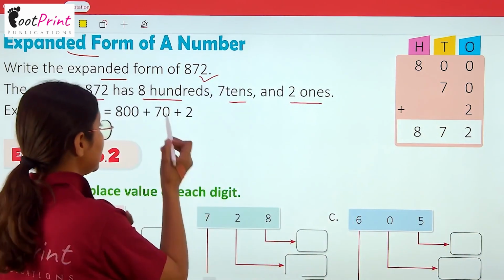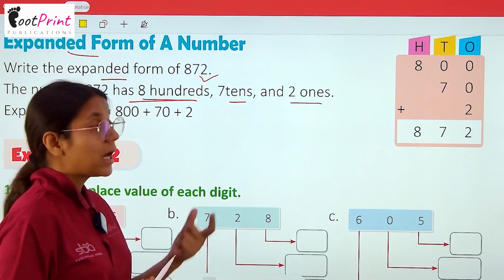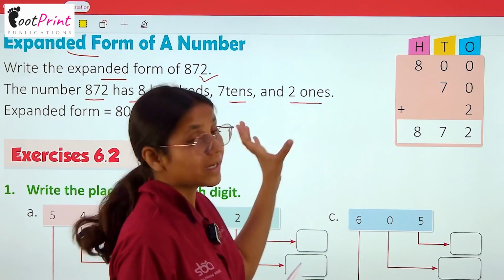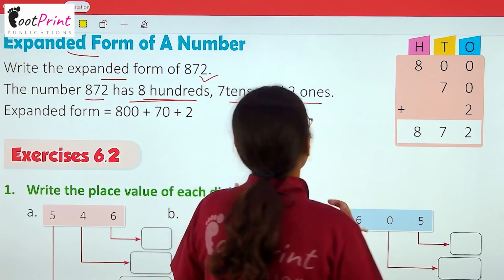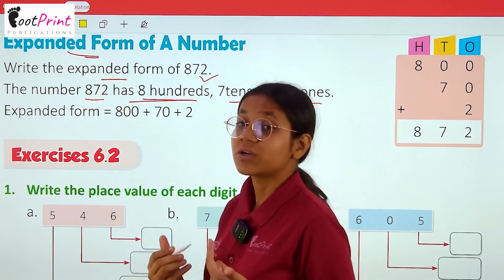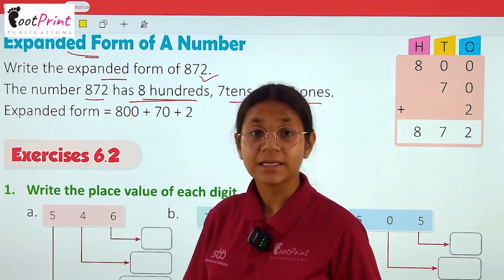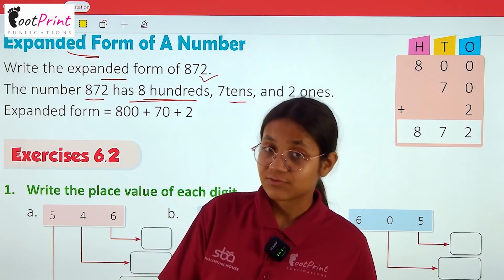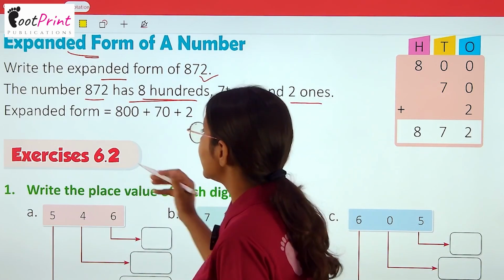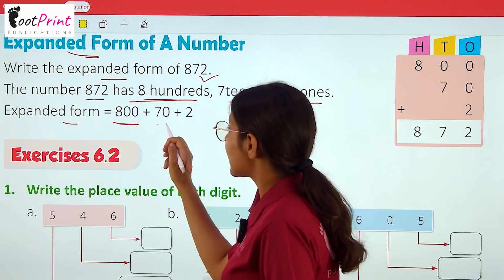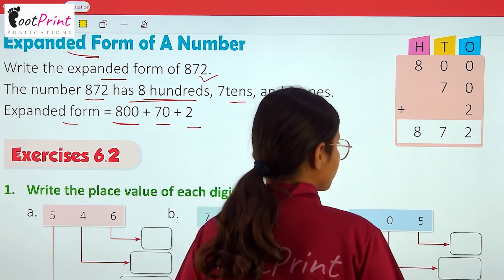We see how many hundreds, how many tens, how many ones there are, then we make a number. But in expanded form, we take a number and we expand it. We write it in its hundreds form, tens form and ones form. So, the expanded form of 872 will be 800, 70 and 2.